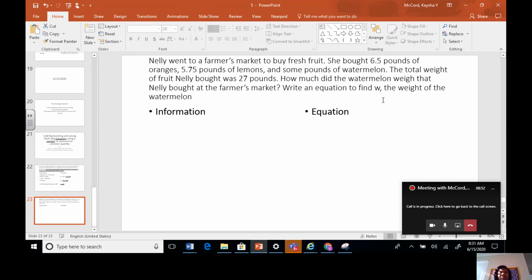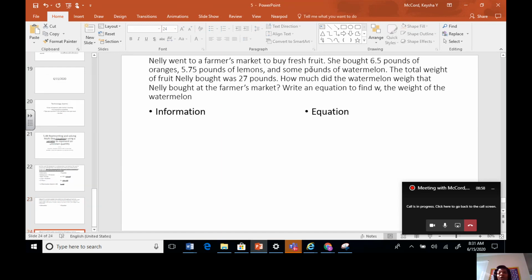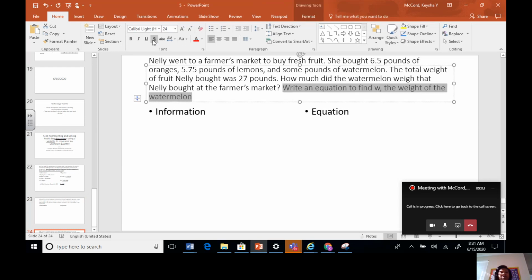So let's look at our problem. What are they asking? I'm going to write an equation. And my equation is going to be for W, okay? Now, this was a little bit different because W is actually going to be in the problem.